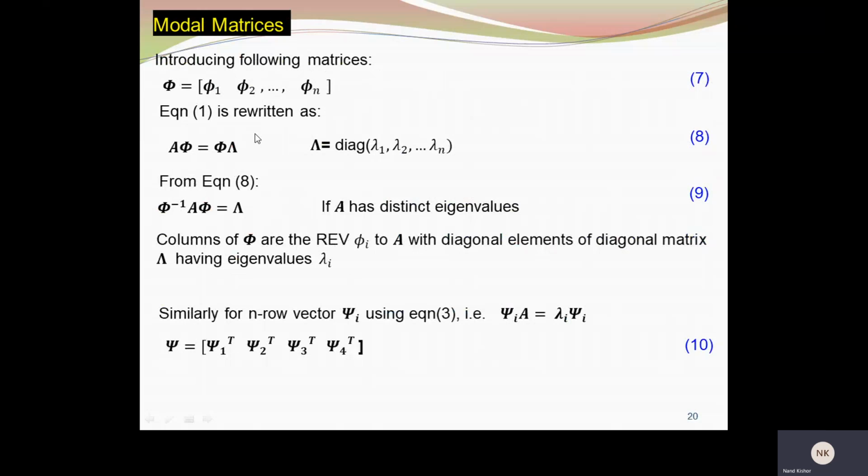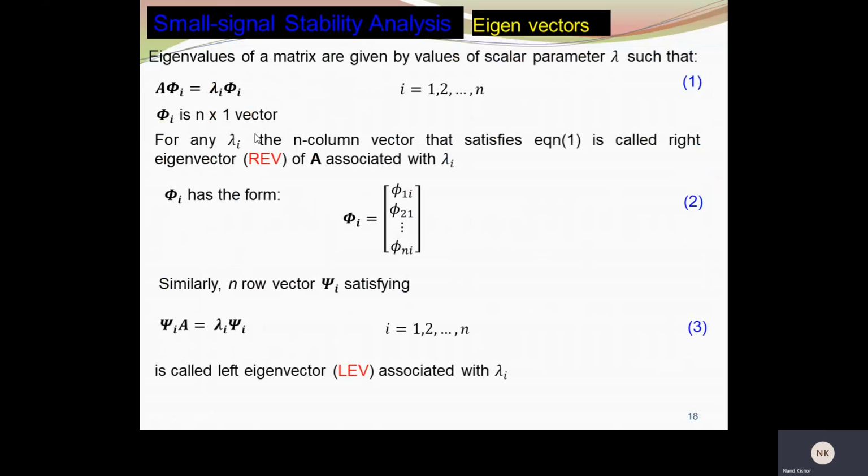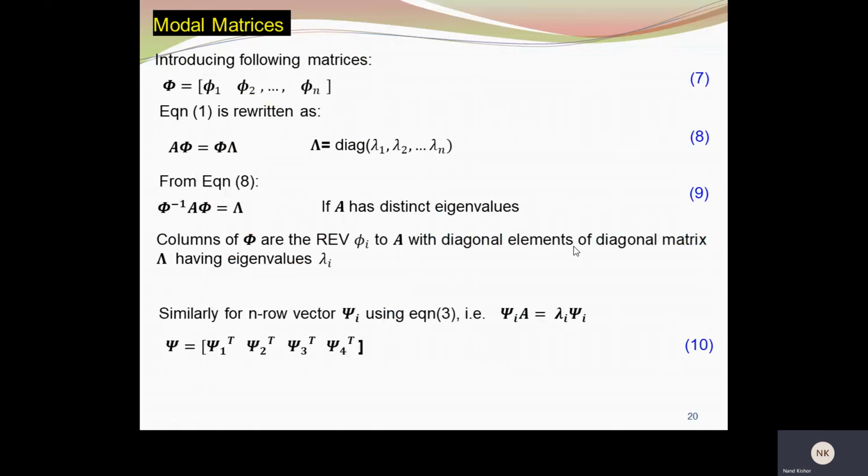Then the previous equation 1 can be written in this way, with this factor being the diagonal representation of the eigenvalues of the matrix A. Then from equation 8 we can write it in this way.